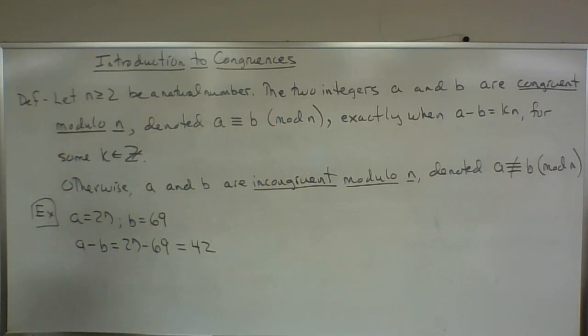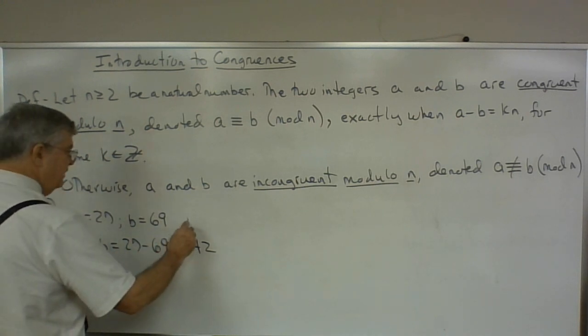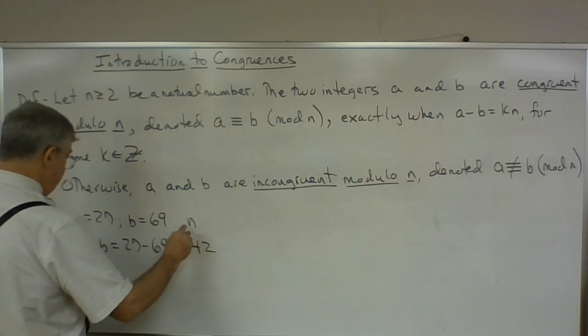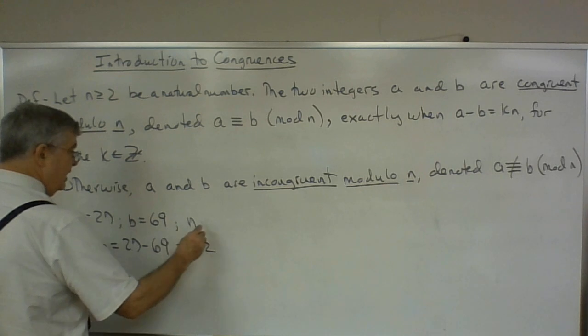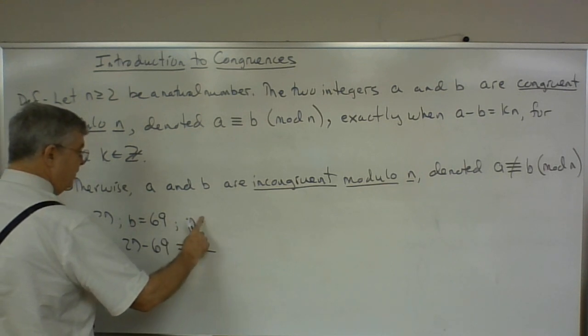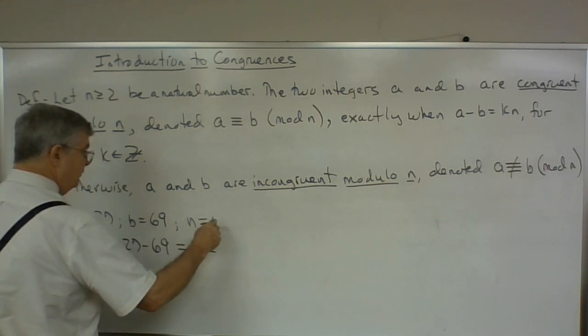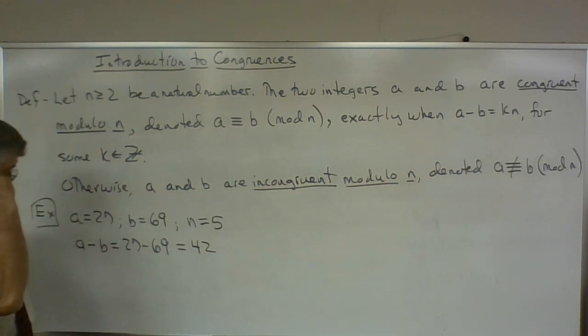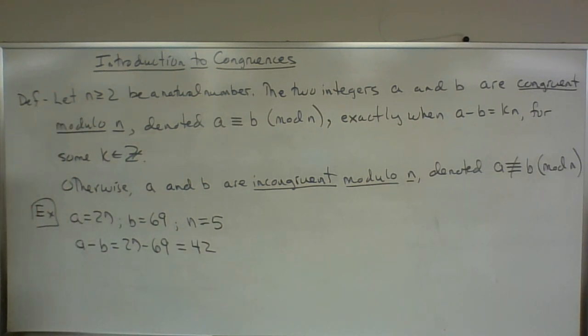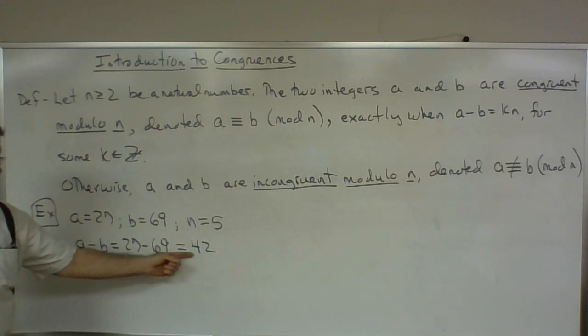And you know what? It would have been a good idea if I had selected an n here. And we'll say n equals 5, okay? So A is 27, B is 69, and n is 5. The difference of A and B is 42.